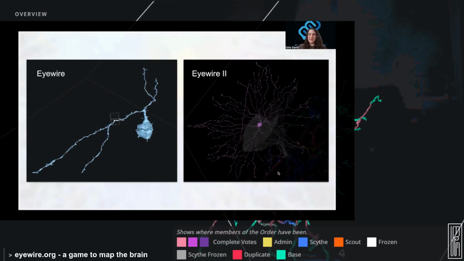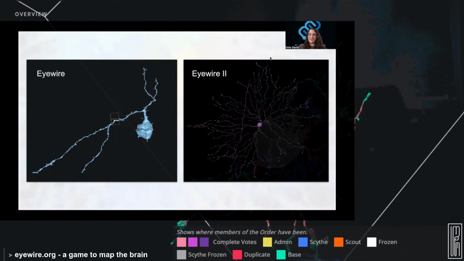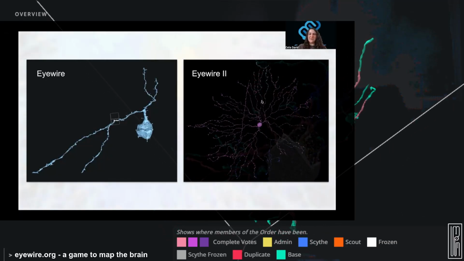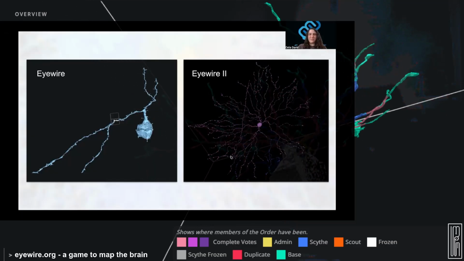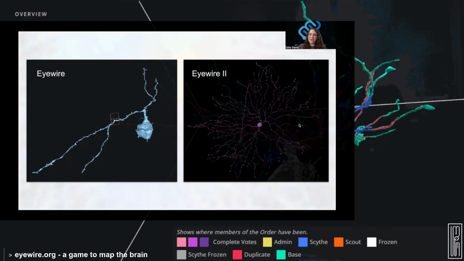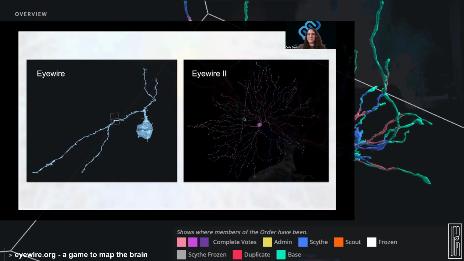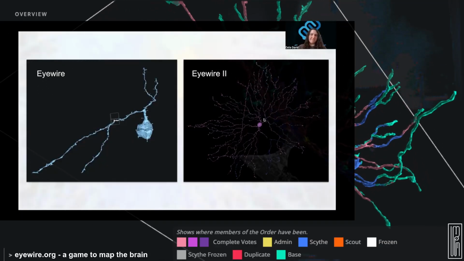And then you're going to want to extend any branches that don't have extensions on them. So as you can see, something like this, there's a lot less work to do on it, though you do need to do a lot of checking of branch ends to make sure that they're complete. But it takes a lot less time just because of how much is already done on the cell.